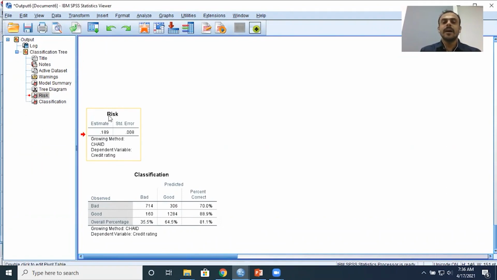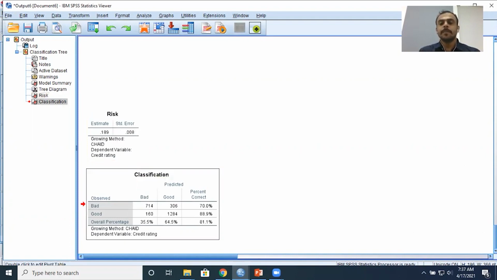Do you have the risk appetite to take this? What is your risk appetite? That is the question here. 20 out of 100 individuals who have been classified are likely to be misclassified, which automatically means that 80 out of the 100 individuals will be classified in the correct group, right?